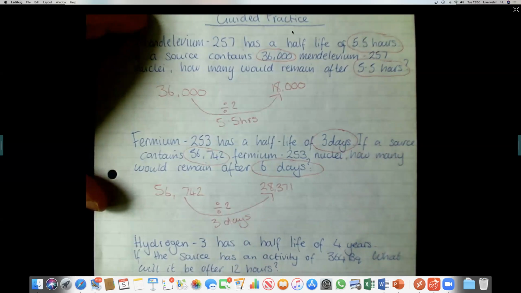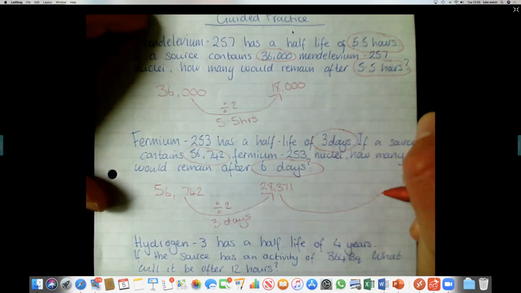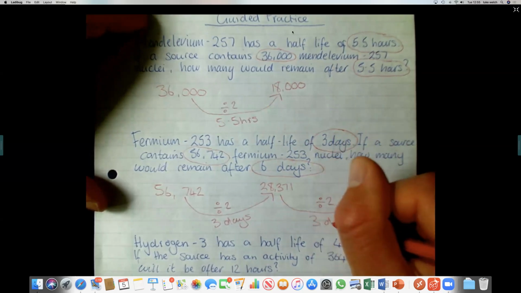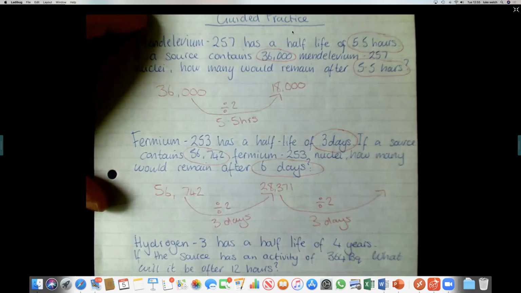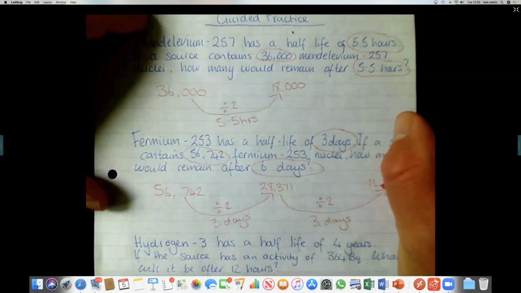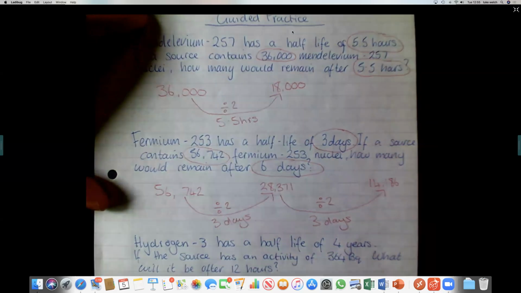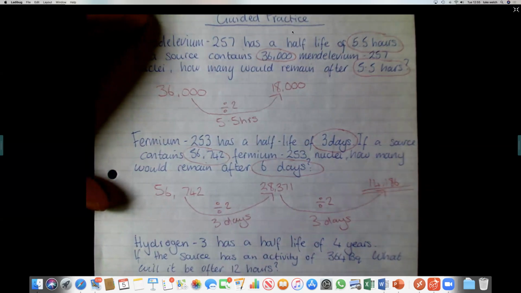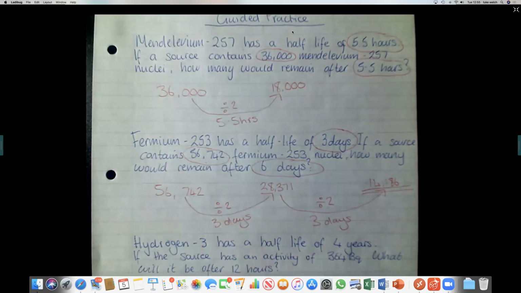So what am I going to have to do? Well, I'm going to have to half it again. Okay, so I'm going to have to draw another arrow, divide by 2, another 3 days. So I've got my 6 days there. And what's that going to be? That's going to be 14,186. So that is my answer. That is how many will remain after 6 days. So because the half-life is 3 days, I had to half it. And then because it's saying how many will remain after 6 days, I'm going to have to then half it again.